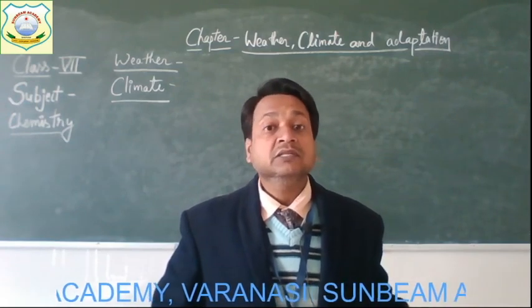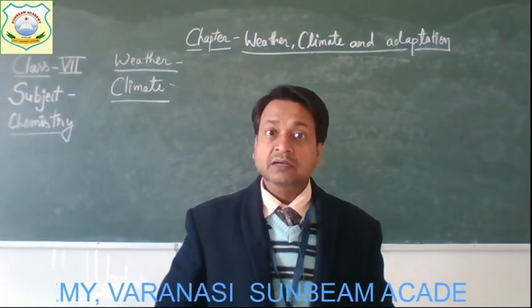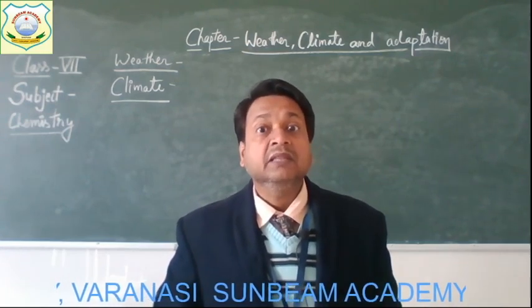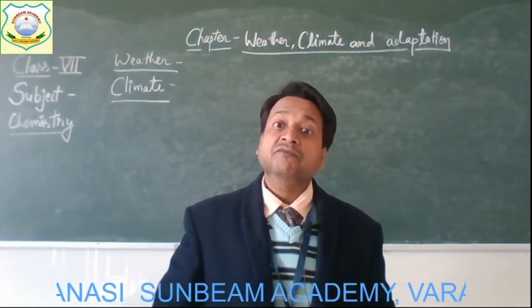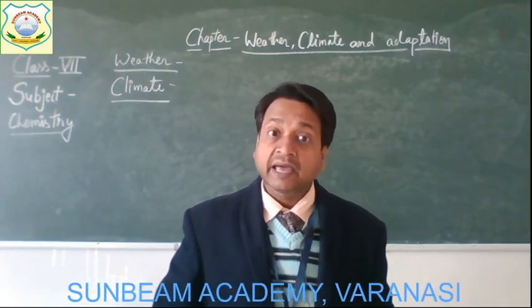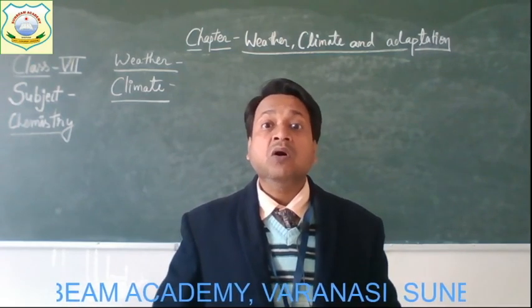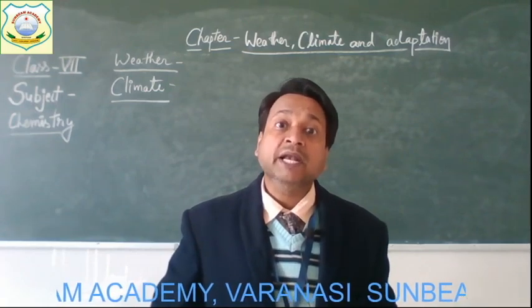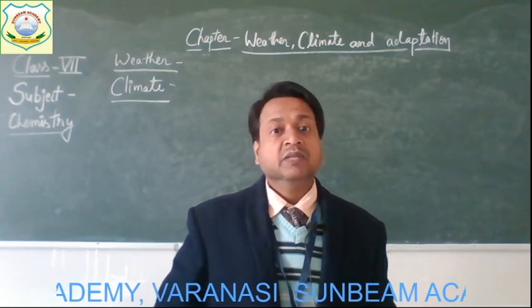This is called the climate of that place. Once again, I am going to repeat that the weather pattern of a place seen from weather records of the past several years, averaged over a long time, say about 25 years, is called the climate of that place.